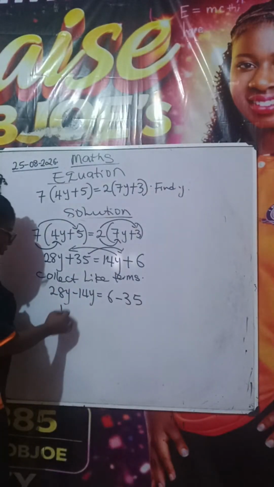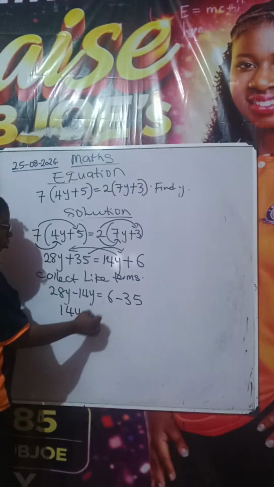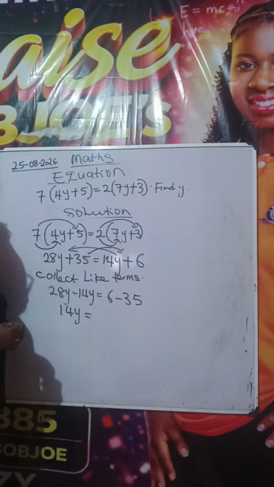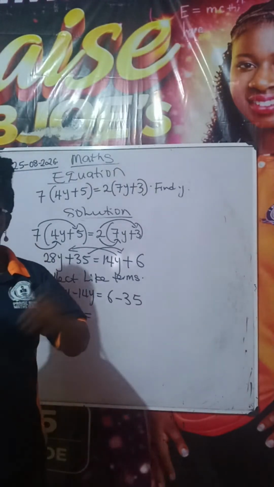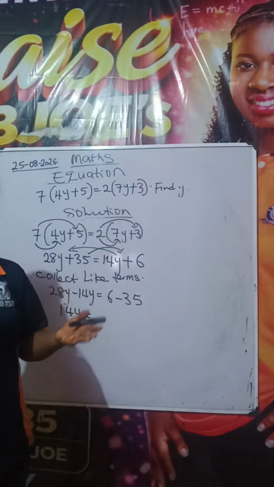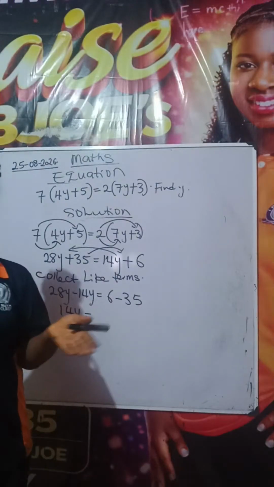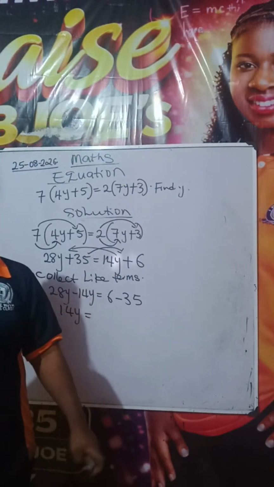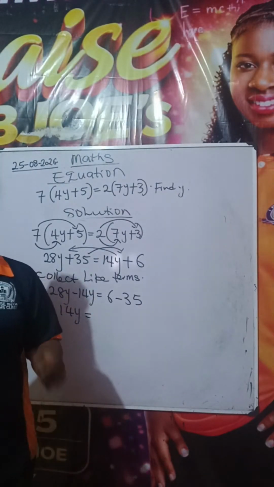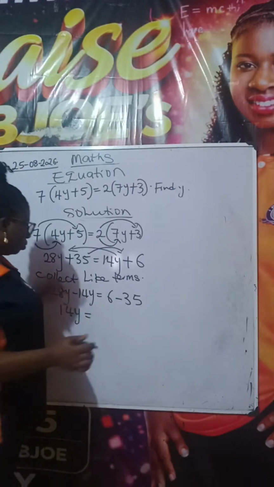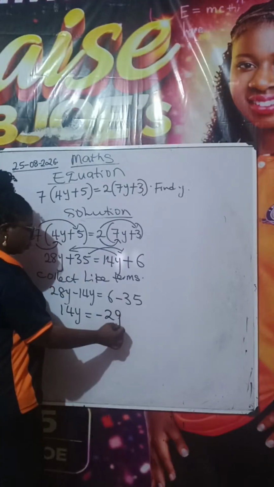So that would be 14y equals to 6 minus 35. You have 6, remove 35. Can 6 take away 35? Is it possible? It can't do it. So because it can't do it, we are getting minus 29. Good job. So minus 29.